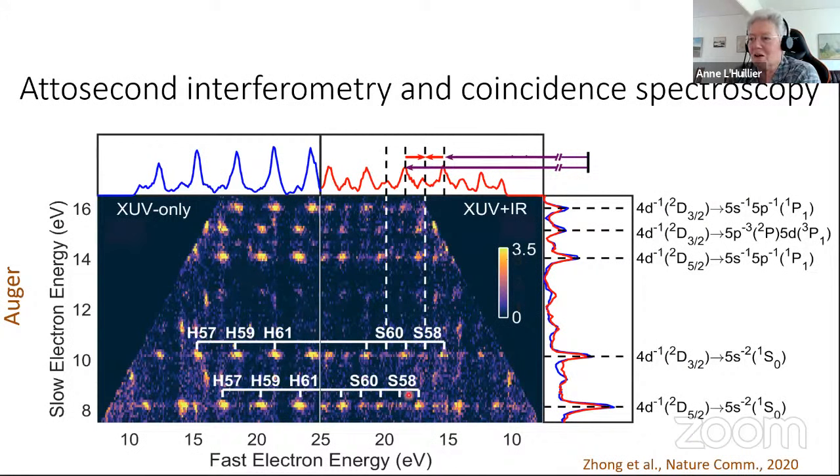You can see, not very much, but there are a few lines where you see a sideband of the Auger electron, but we could not see any oscillations. This is too small a signal.